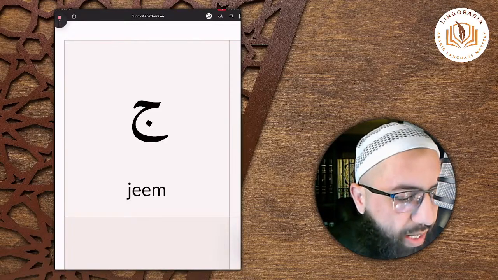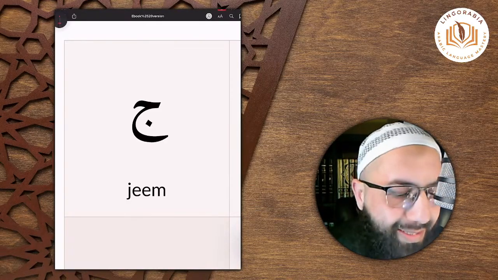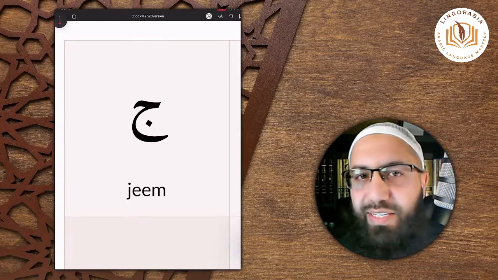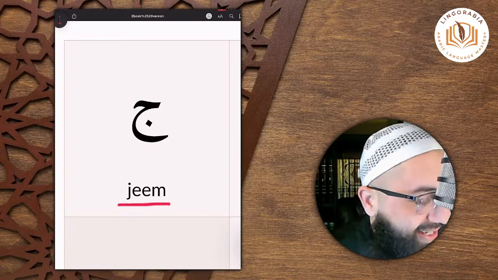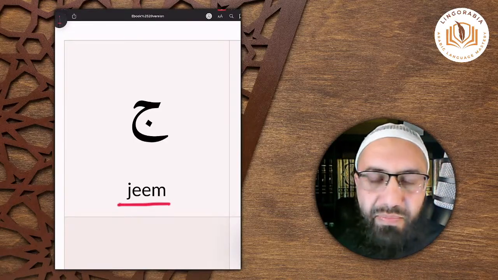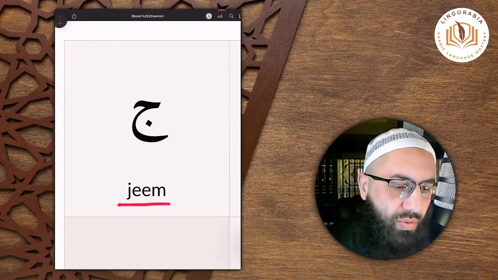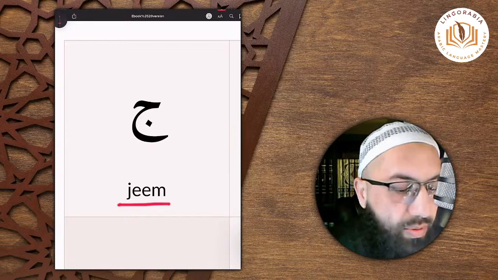I want to hear it from you guys. Who knows what this letter is? You can see it, you can even read it in English. It's mentioned. It's the letter Jim. Okay? Yes, Quran too. Jazakumullah khairan. So this is the letter Jim.